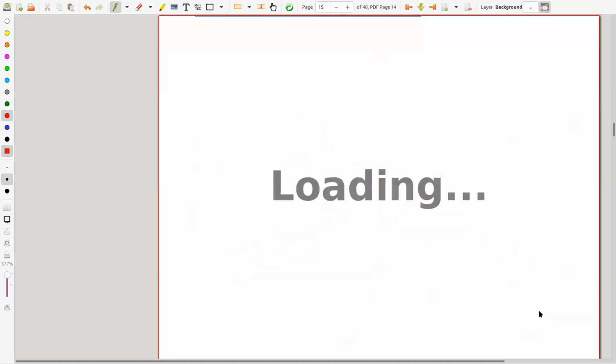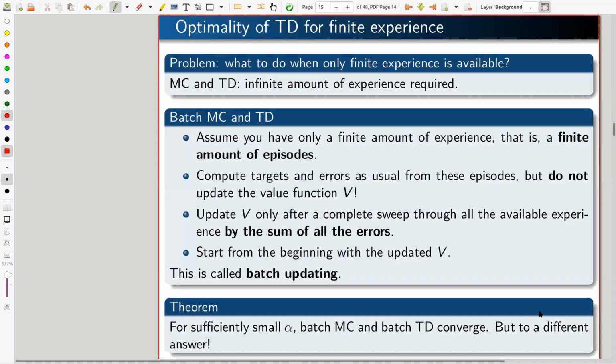Okay, now we have a new section, but I think I will skip this also because I have given this section for you in the last part, in the exercise part. I'm not skipping it really, but I will not do it in detail. I'm just trying to explain the problem.